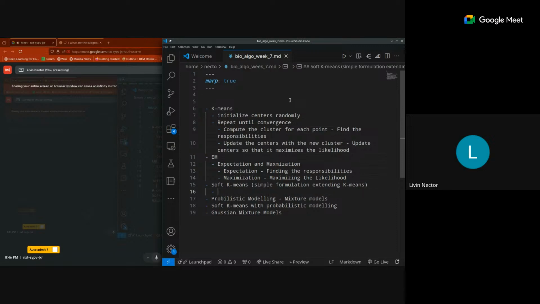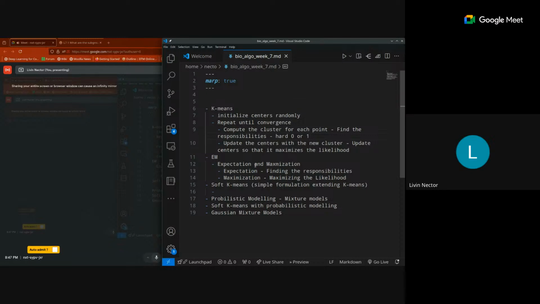So the simple way in which we extend K-means to soft K-means is that instead of using hard responsibilities, here the responsibilities are hard, meaning it will be either 0 or 1. The responsibility of a cluster for a particular data point is either 0 or 1, which means either that point belongs to the cluster or not.